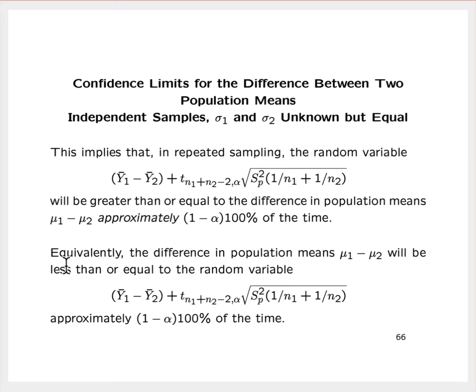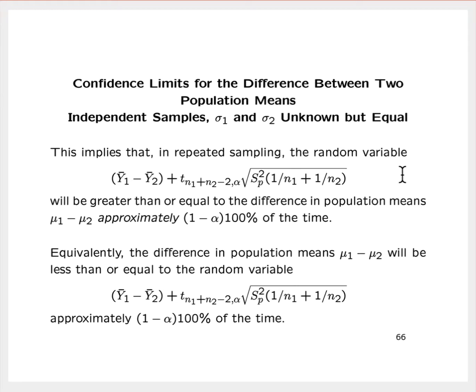Because of that, the random variable given here will be greater than or equal to the difference in population means mu1 minus mu2 approximately 1 minus alpha times 100% of the time.